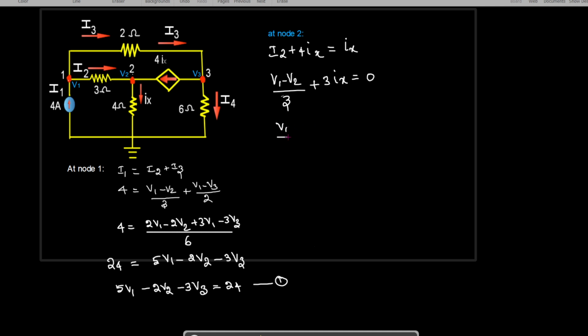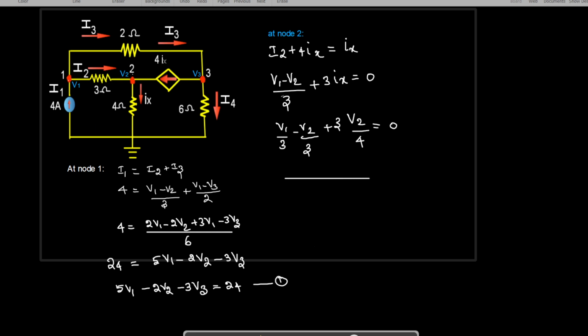That is V1 by 3 minus V2 by 3 plus 3 into Ix. Ix is nothing but the current V2 minus 0 divided by 4, that is V2 by 4, equal to 0.